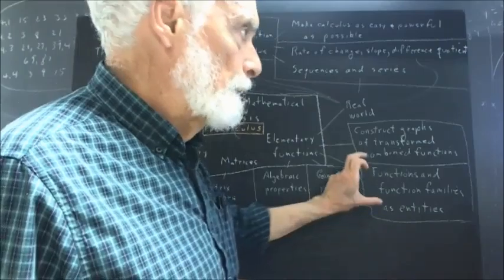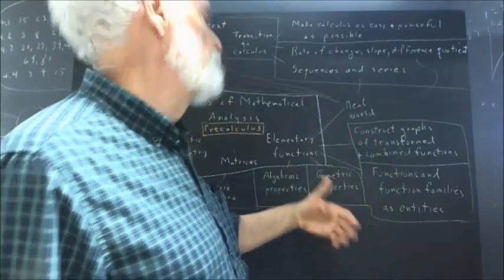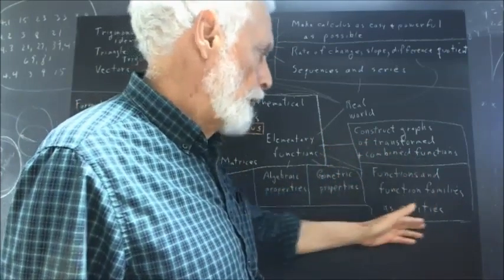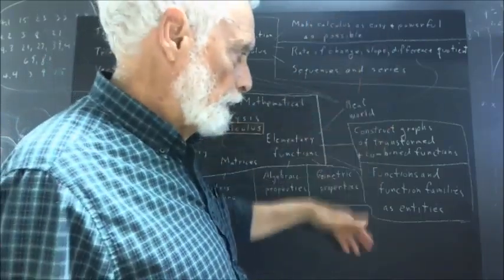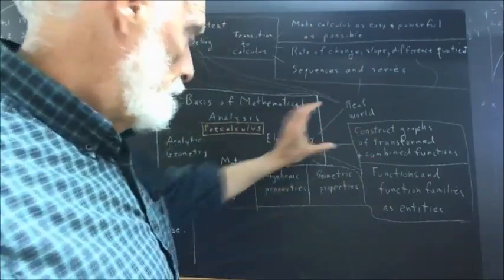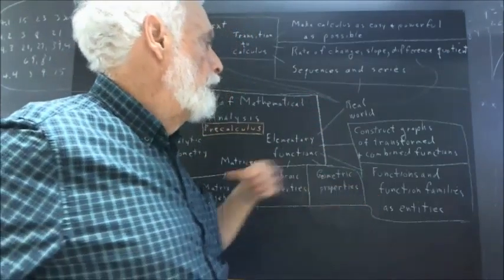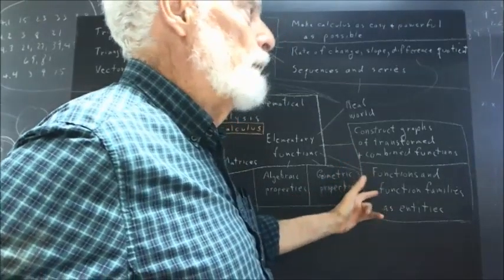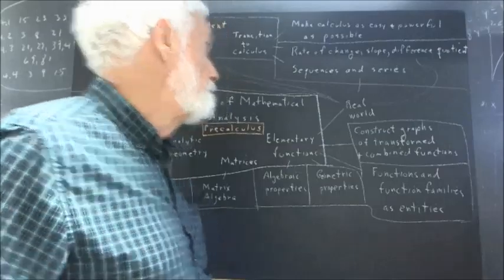This is a fairly abstract idea, a function and a family of functions that is generated by this function by varying parameters, usually parameters that involve shifting and stretching transformations and other such transformations, rotations, reflections, and so forth. Gives us a very powerful picture of the elementary functions and what can be done with them.